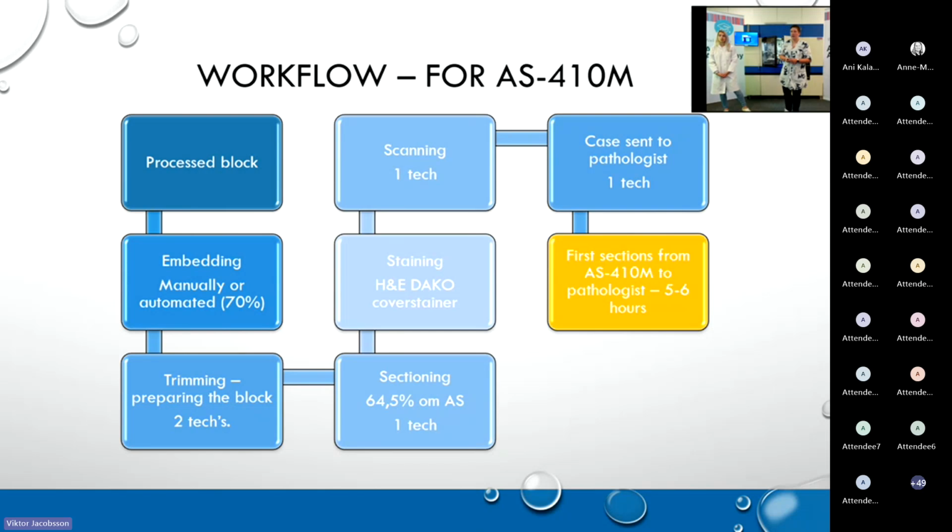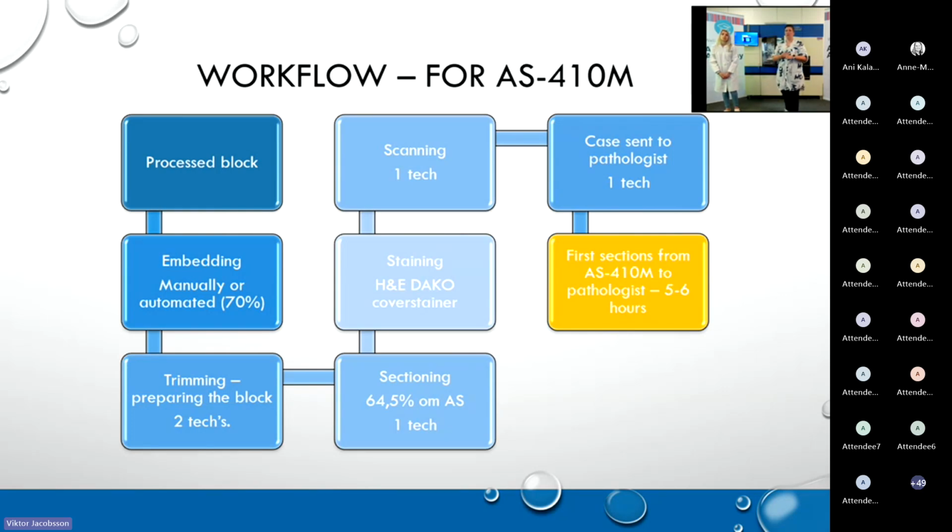Again, just a slide to see the workflow in a different way and to see how many technologists it takes in our laboratory to get the block or the slide from A to the end, also the pathologist. So from us, we start with the processed blocks.